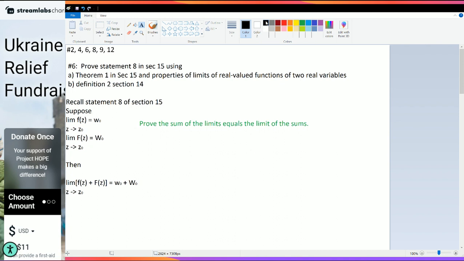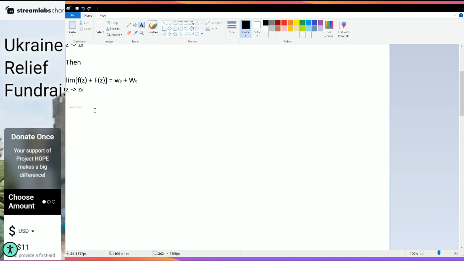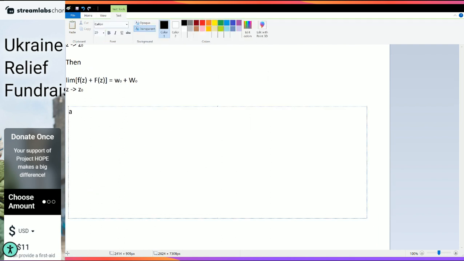All right. So we need to use theorem 1. So for part A, recall theorem 1 of section 15.